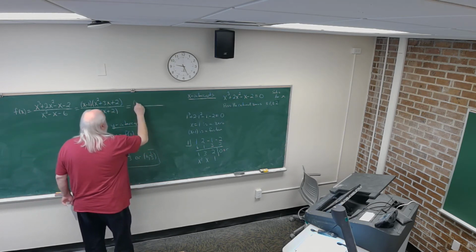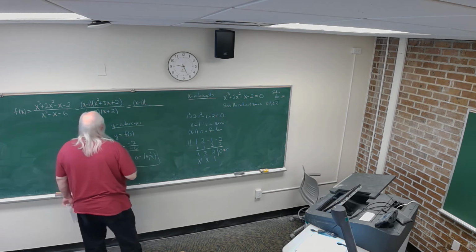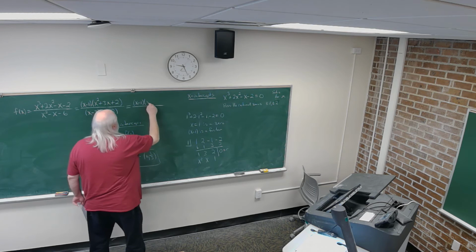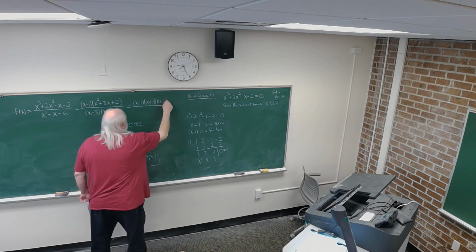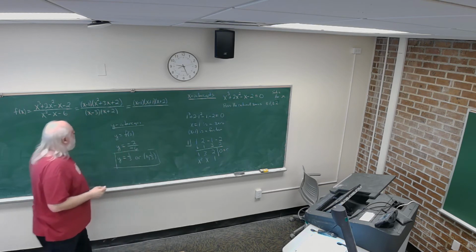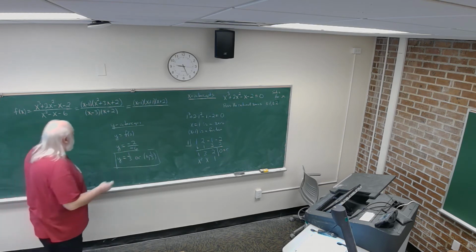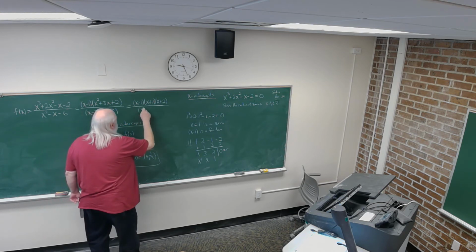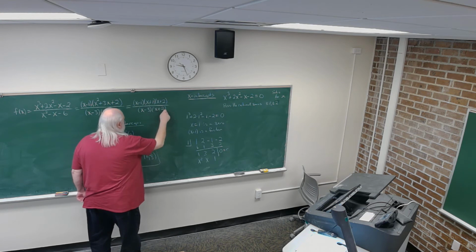So we have x minus 1 times, what's that? x plus 2 times x plus 1, over x minus 3 times x plus 2.